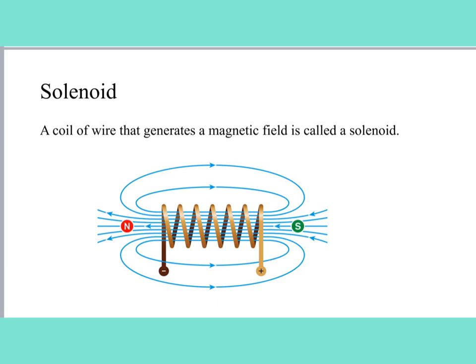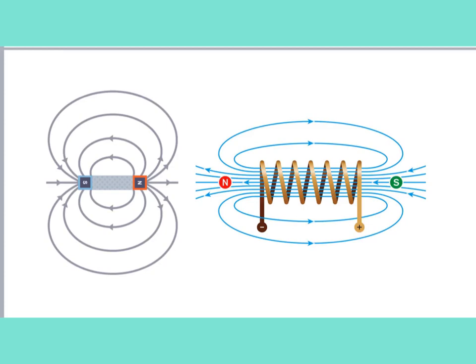The magnetic field generated by a solenoid is actually identical to the magnetic field generated by a bar magnet. So these are the two side by side. On the left we have the bar magnet with the North Pole on the right and the South Pole on the left, and the magnetic field lines are pointing away from the North Pole and towards the South Pole.